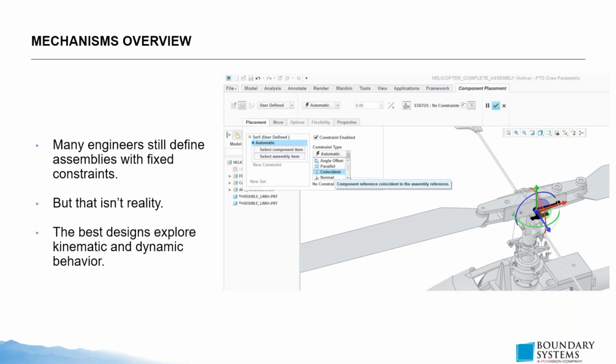As a result, they're not using the full functionality that Creo has to offer in terms of modeling and simulating what would happen when the actual motion is in effect. So using this functionality is going to be really useful for most scenarios.